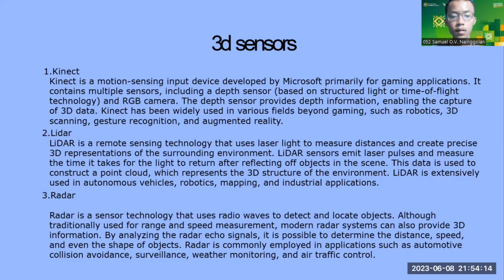By analyzing the radar echo signal, it is possible to determine the distance, speed, and even the shape of objects. Radar is commonly employed in applications such as automotive collision avoidance, surveillance, weather monitoring, and air traffic control.